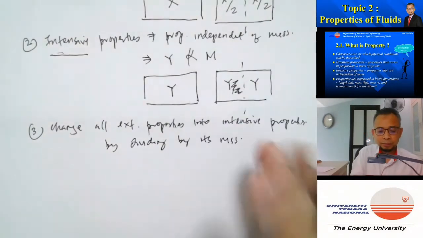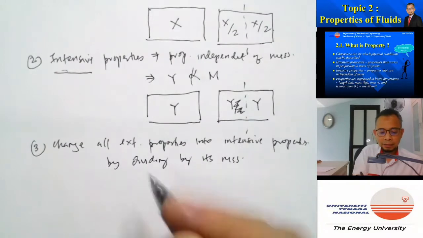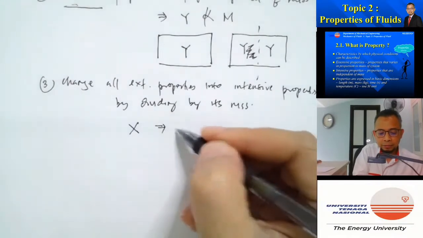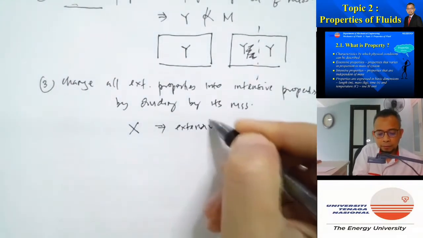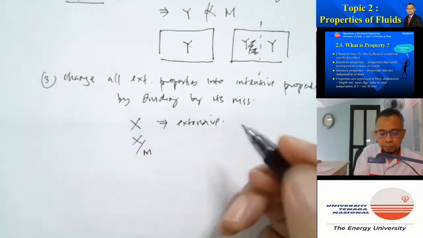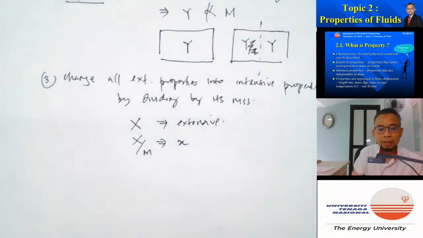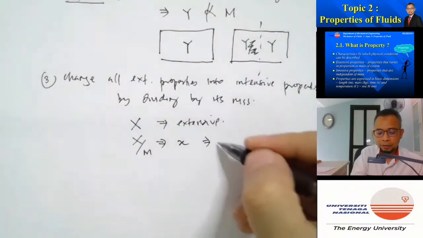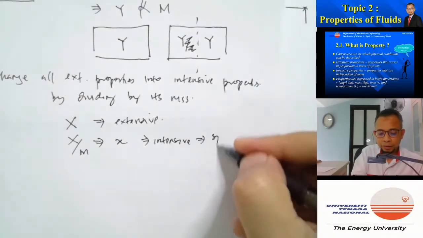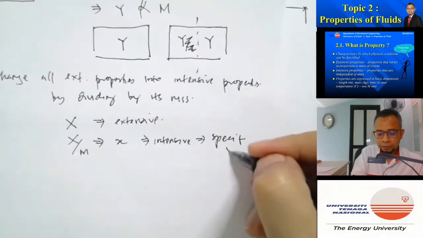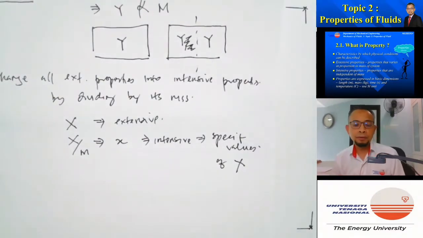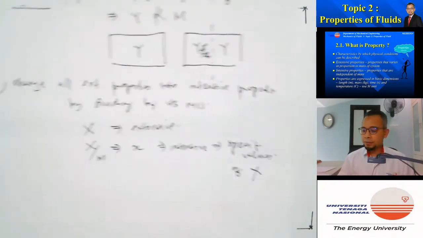Let's say we use, for example, this extensive property X. If we divide X by m, normally we use the symbol small x. So this is now intensive. Normally we call this specific property, specific value of X, because we have already divided by the mass.